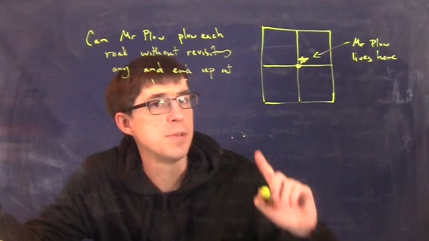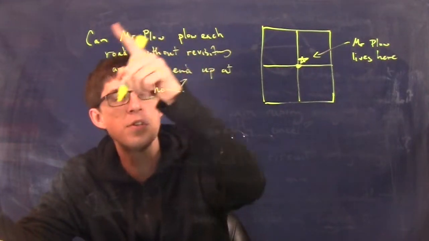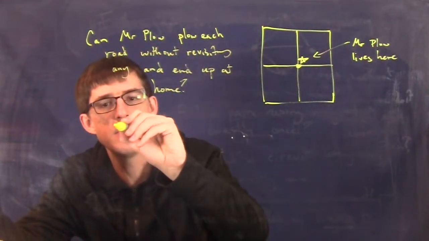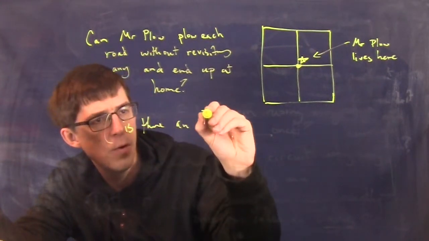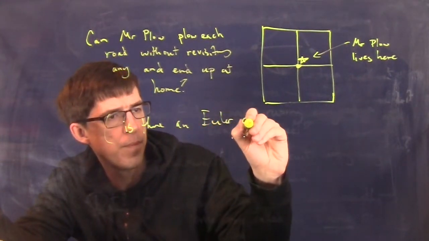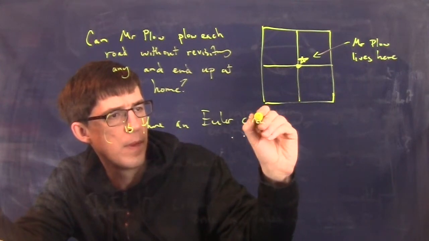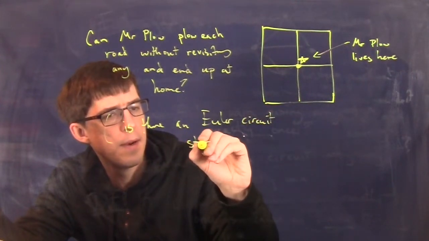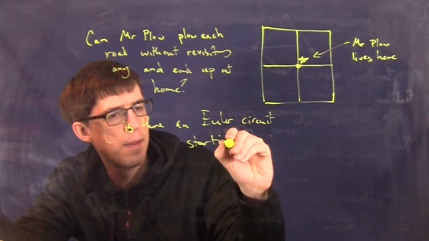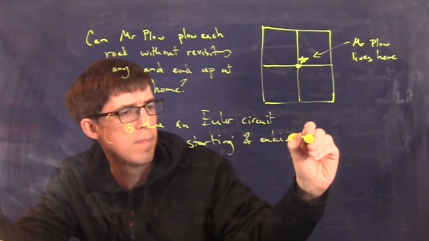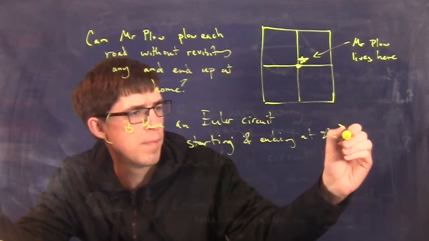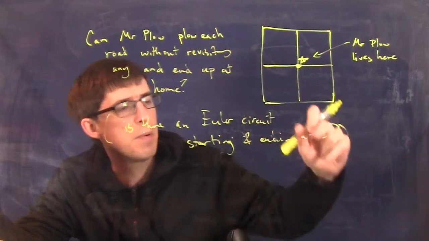It is not possible to do an Euler circuit. So this question here is really the same as, is there an Euler circuit starting and ending at the star, right? These are equivalent.